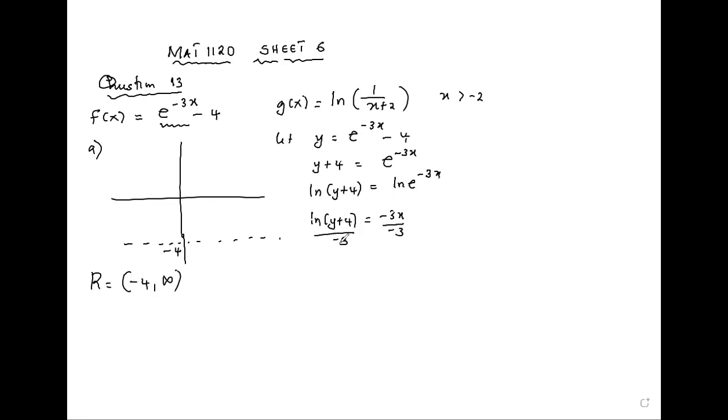What you have now is x equals negative 1 over 3 ln of y plus 4. And you know the domain for ln is that y plus 4 must be greater than 0. So y is greater than negative 4, which is what we have here.